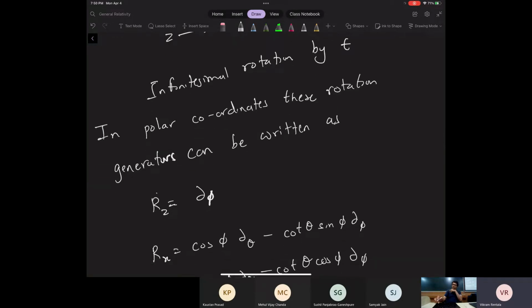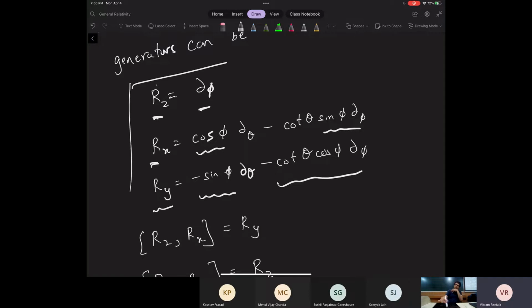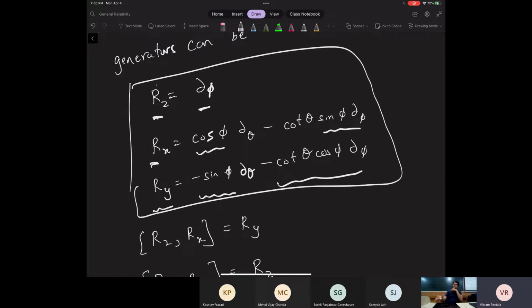And in polar coordinates, you can express this in different coordinates. For example, Rz in polar coordinates can be written as partial phi, and you can show similarly that Rx can be written in a more nasty looking way, as minus sine phi partial theta minus cot theta cos phi partial phi. Ry can be written as cos phi partial theta minus cot theta sine phi partial phi. So this looks highly coordinate dependent, but these are still Killing vector fields.